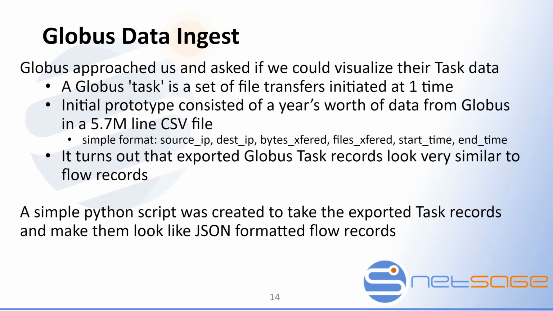That script's not particularly long, maybe 60 or 70 lines, or 50 maybe. It's not complicated. We basically just said, turn this big CSV file into a big JSON file, and let it rip. A couple hours later, we had a completed file that we tried importing.